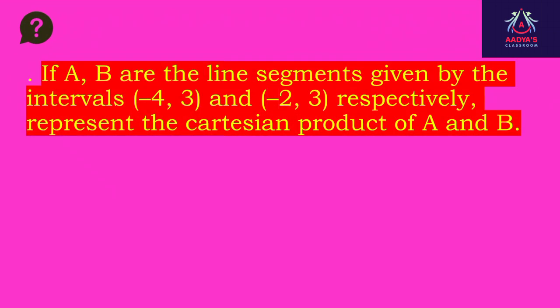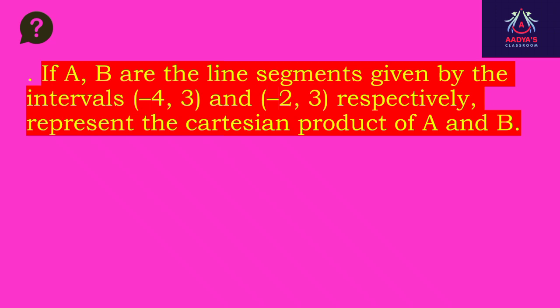If A and B are the line segments given by the intervals (-4, 3) and (-2, 3) respectively, represent the Cartesian product of A and B. Notice here, this (-4, 3) and (-2, 3) is not given within brackets, but within parentheses. So this we would call an open interval, meaning that we will take whatever numbers are between -4 and 3, but we will not include -4 and 3.